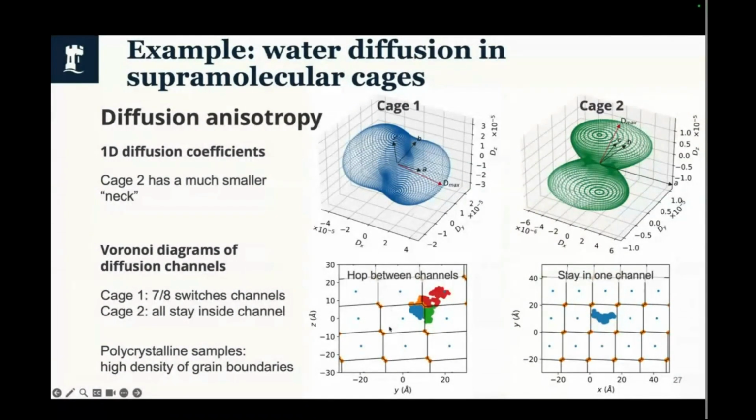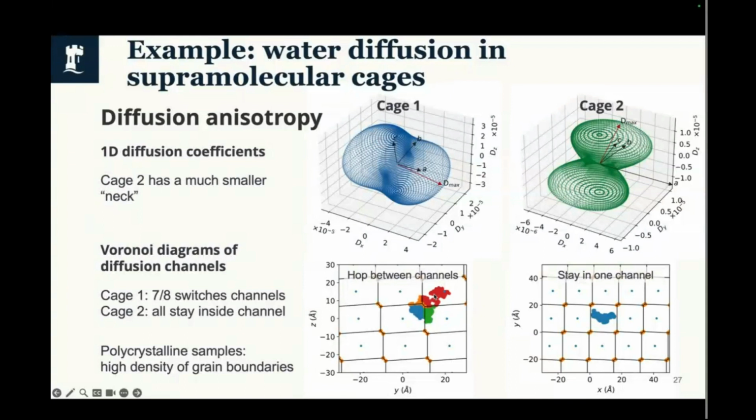And if we split the supramolecular cage into channels, we define the direction with the highest diffusion coefficient as the channel, and the direction with the smallest diffusion coefficient we split into different channels.